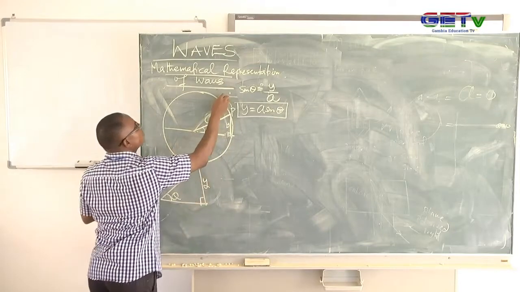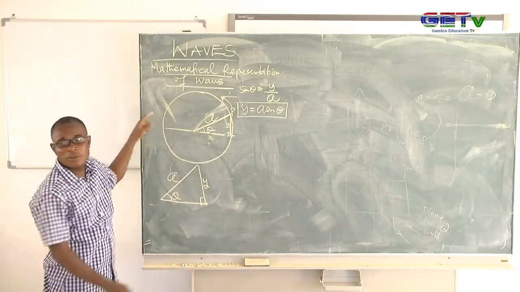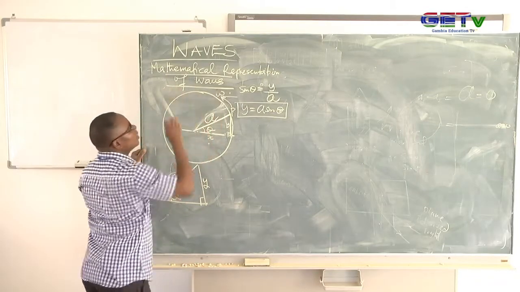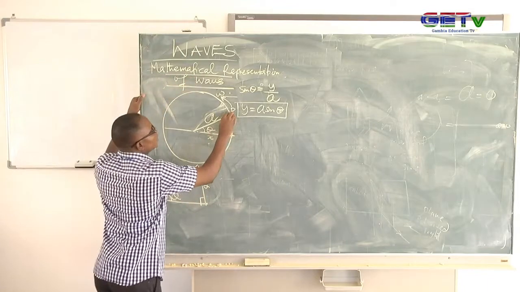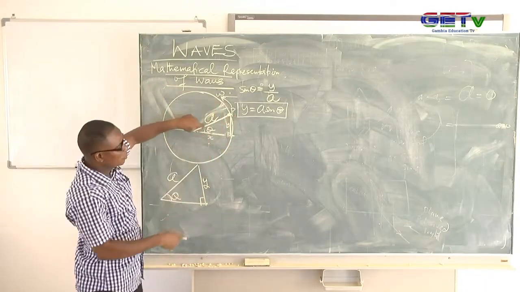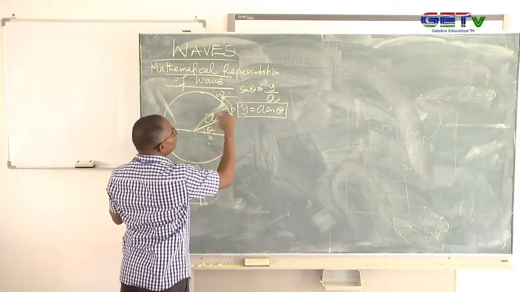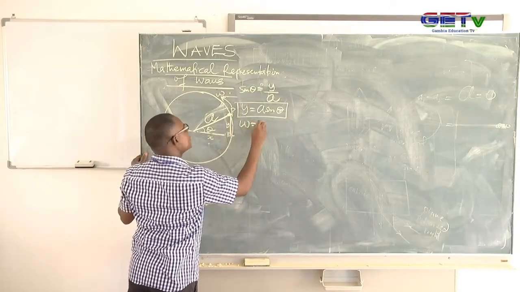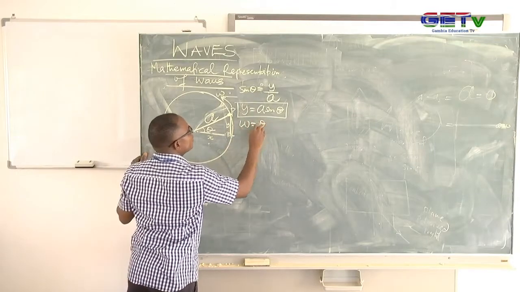Now, if the wave is supposed to move, if the particle is traversing in circular motion, we move with a velocity. So that's velocity, let's call it omega. For as much as the particle is moving in that circle, this circle came from that wave motion, remember that? So now I bring it down, you now have the two, so have omega, we know that is velocity, so we call it angular velocity, that is angular displacement over time.